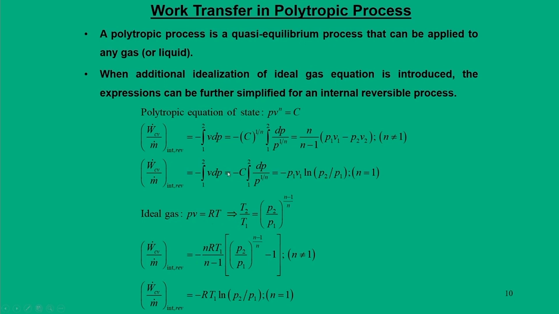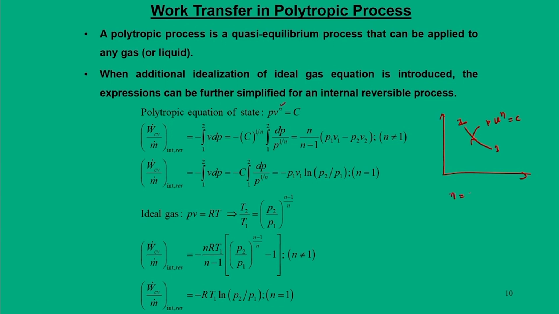Here, n quantifies the nature of the process. In a PV diagram, the process can be represented as Pv^n = constant, going from 1 to 2. The nature of the process depends on the value of n.